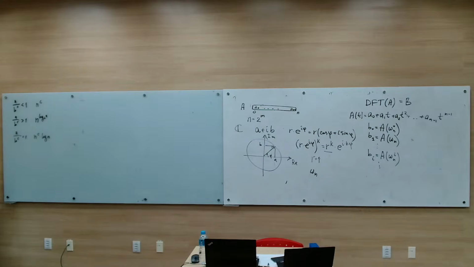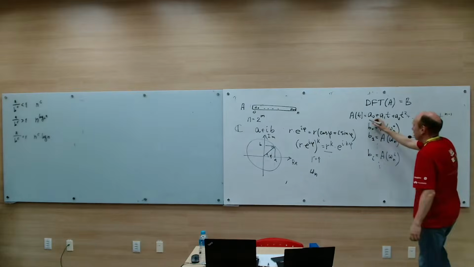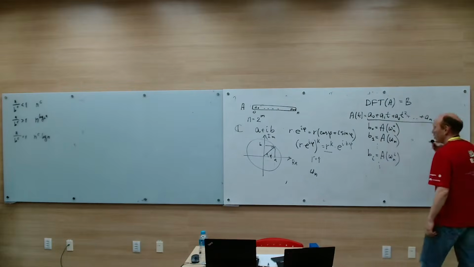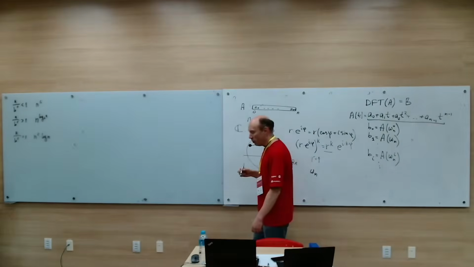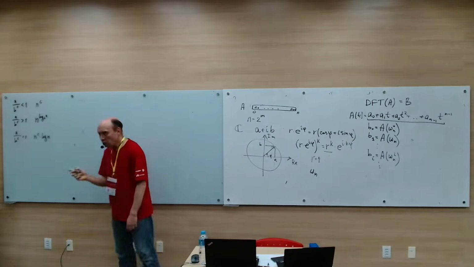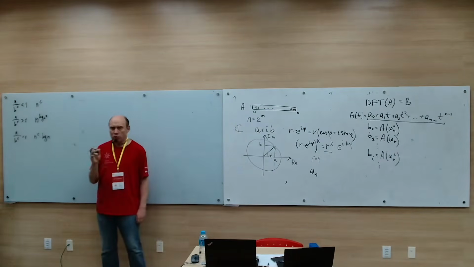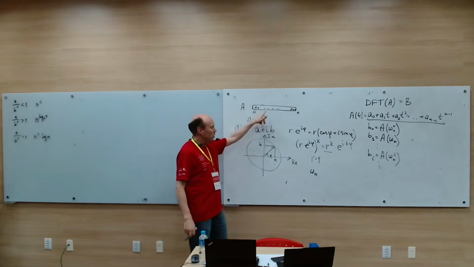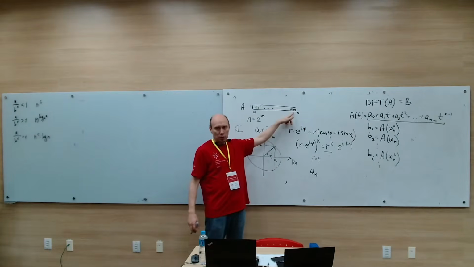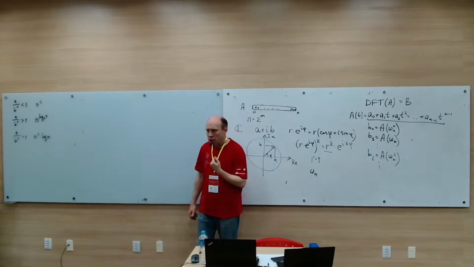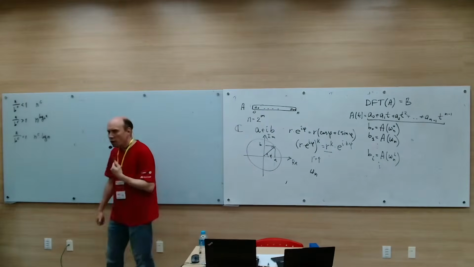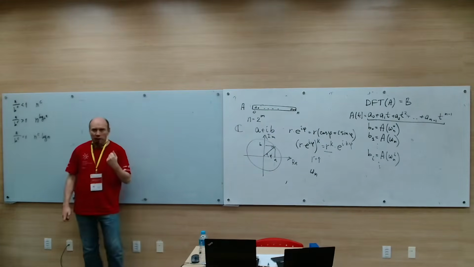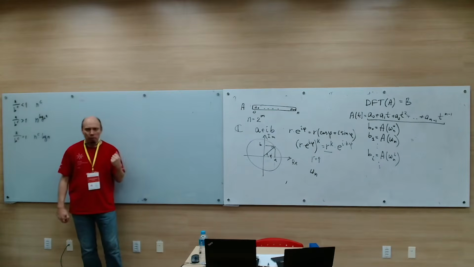Why is it interesting for our problem? The thing is that, let's consider this polynomial A of t. One way to store the polynomial is to store its coefficients, like we do here. Just say a0, a1, and so on, a n minus 1. But there is an alternative. Instead of storing these coefficients, we can store the values of this polynomial at some points.